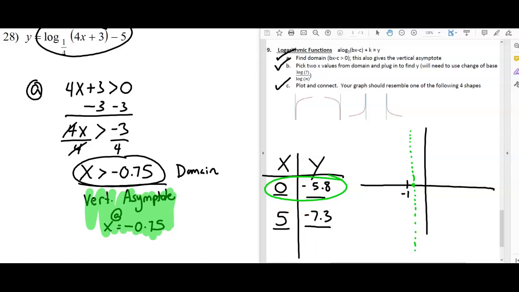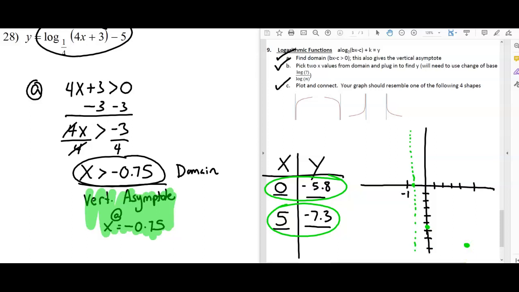So let's find that point. Negative 5.8 would be pretty close to negative 6. And then this one, 5 and negative 7.3. So I'm going to go over 5 and down to about negative 7.3, which would be right about there.